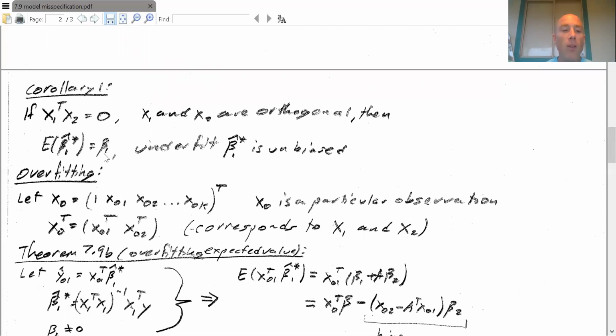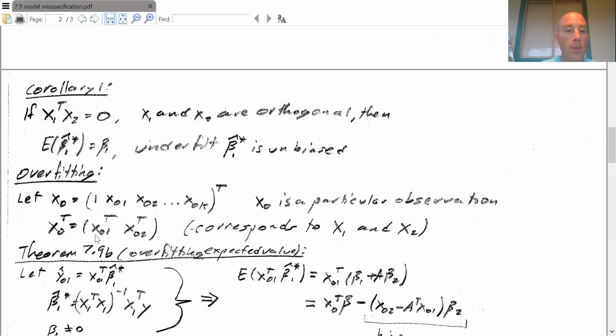All right, so now let's take a look at overfitting. Overfitting, what we're saying is that I have all of the correct predictor variables included, and I went and included some junk in there that I should not have. Okay, so how the textbook denotes this is that they say x sub 0 is a particular observation of your data. So this is a row on your data matrix.